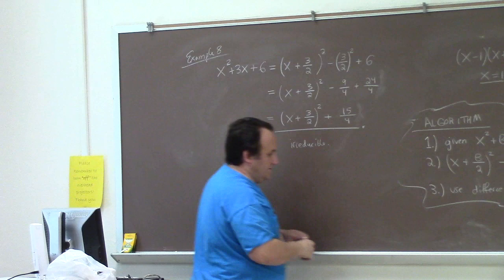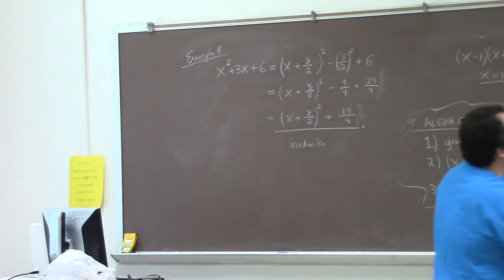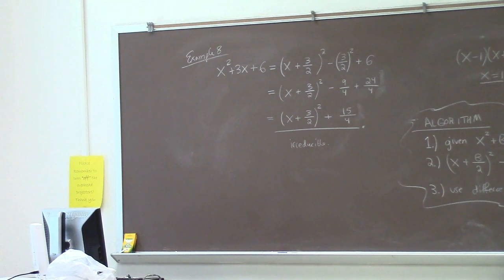No, but I do want to do another one so that we have a little bit more experience with how the fractions work. Let's see here. How about example 9, x squared plus 7x minus 3.